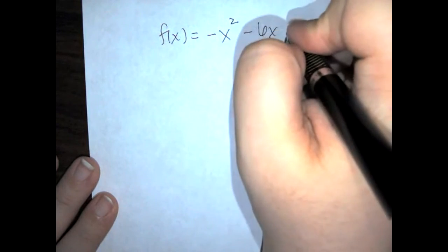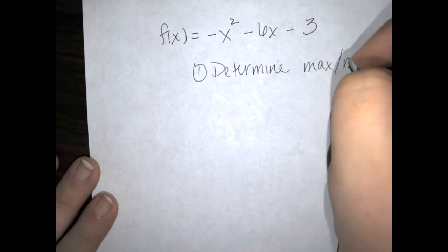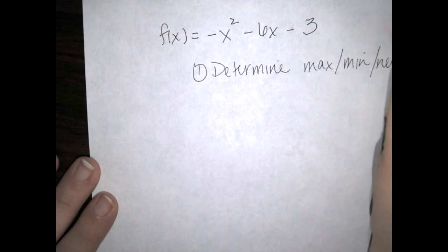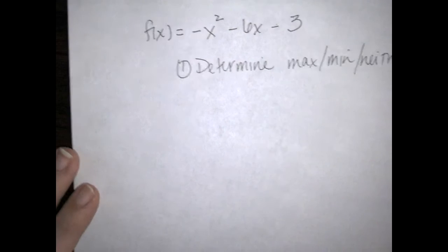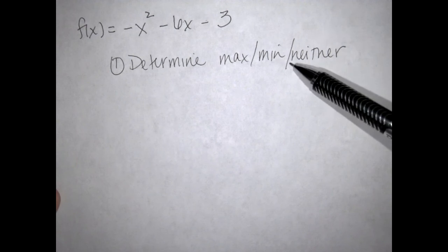So let's look at an example. If I had f of x equals negative x squared minus 6x minus 3, the first thing I need to do is determine max, min, or neither. Determining max, min, or neither again says we have to look for the quadratic.